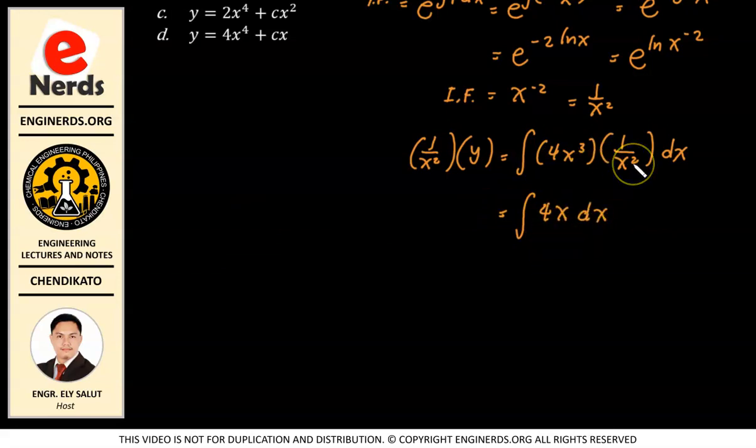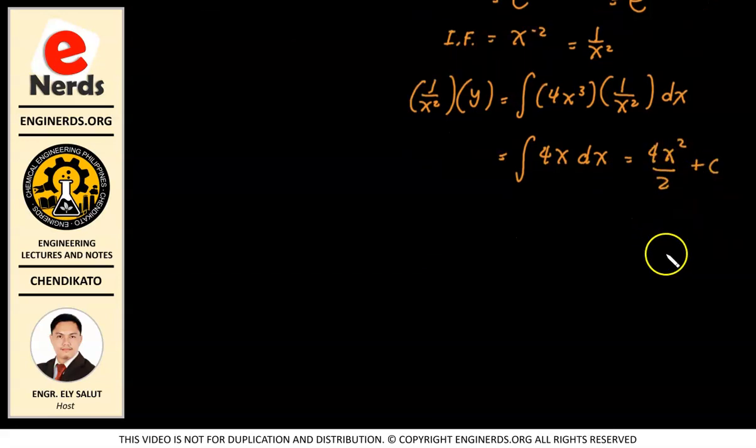Okay, so solving for that, we will have 4x squared over 2 plus c. Okay, so we have y over x squared is equal to 2x squared plus c. Okay, so simplify natin by multiplying both sides by x squared.